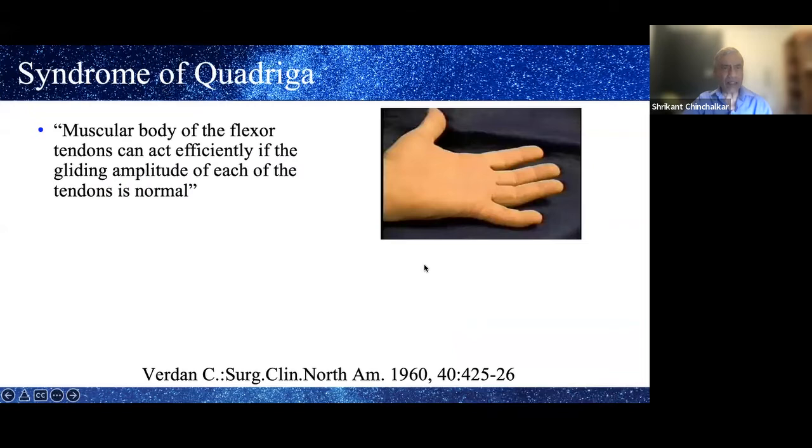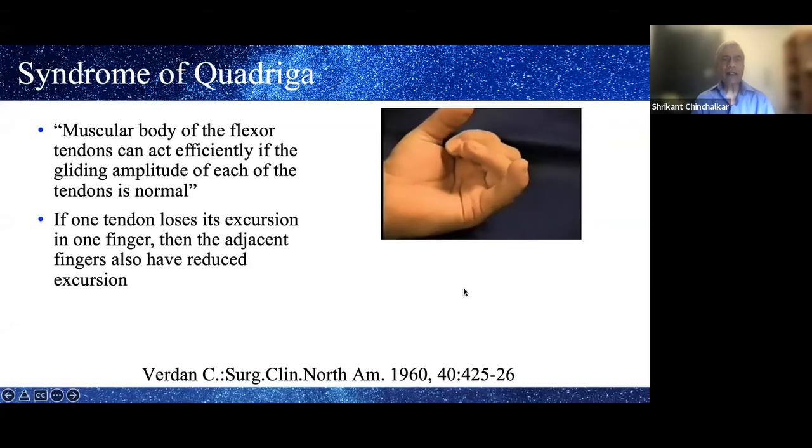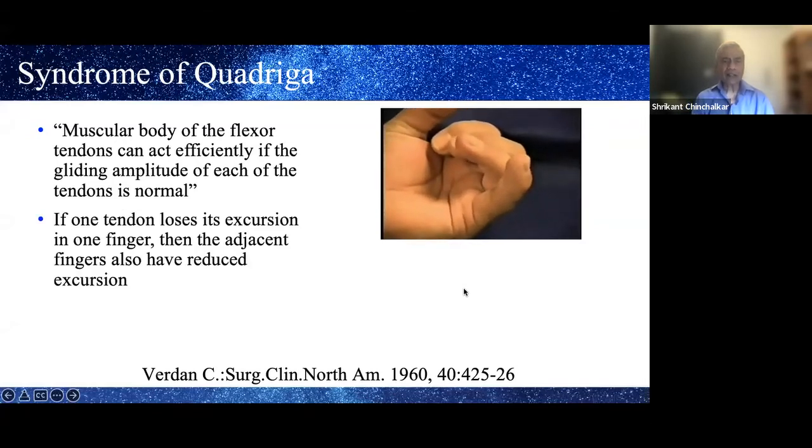The syndrome of quadriga was first identified by Verdun back in 1960, in only a page-and-a-half article. Verdun identified that the muscular body of the flexor tendons can work efficiently only if the gliding amplitude of each and every tendon is normal. Especially if one tendon loses its excursion in one of the fingers, then adjacent fingers also have a reduced excursion.